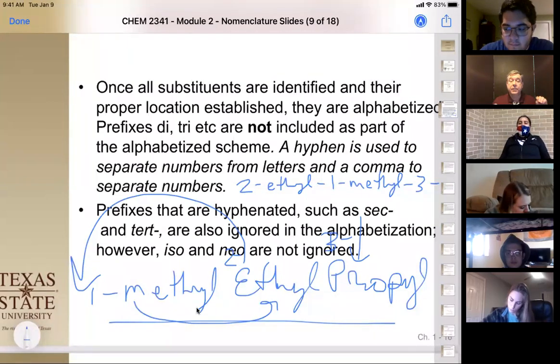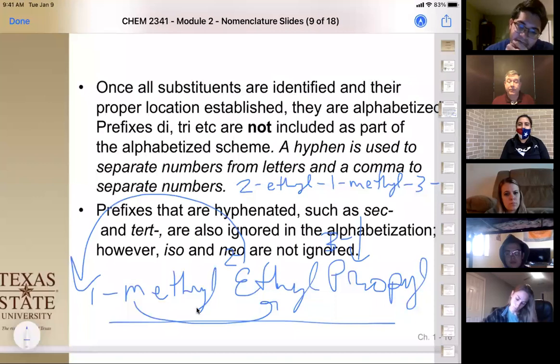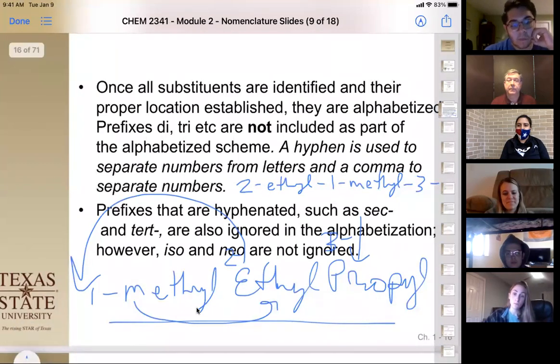Okay, so dashes separate numbers from letters, and commas separate numbers from numbers. Now, the prefixes sec and tert are also ignored in the alphabetizing. However, the iso and neo are not. Weird rule. Hopefully we don't have to run into that on an exam, but I think there's one in the homework just to make you think.